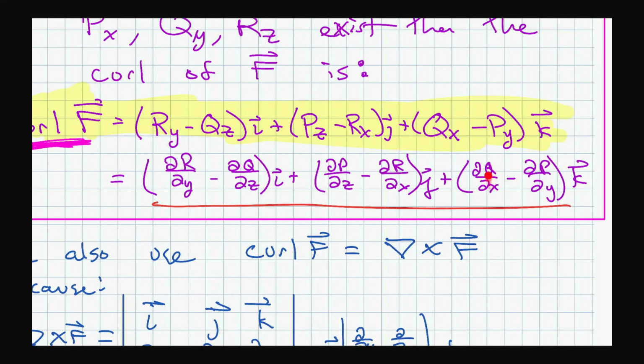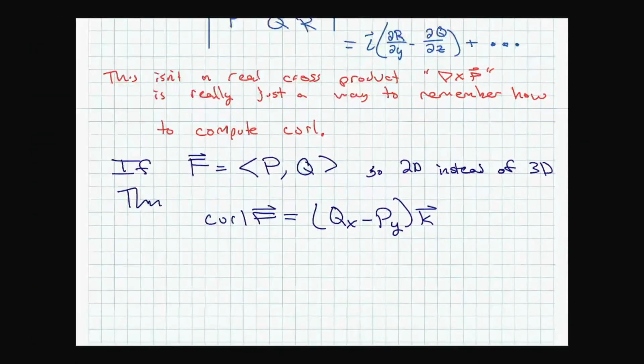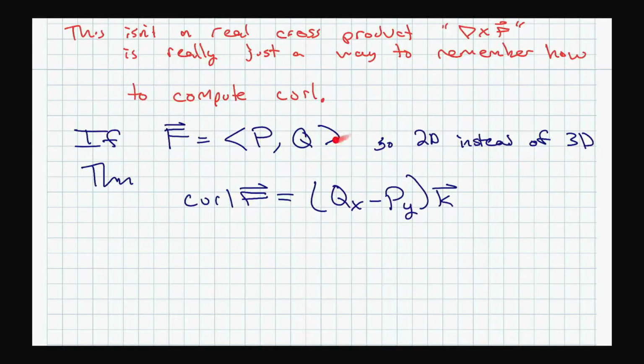This is not necessarily zero because q exists and x exists, p exists and y exists. So this one doesn't come up zero. So this isn't like a new definition here. This is just saying if there is no third component, then this is what curl ends up.